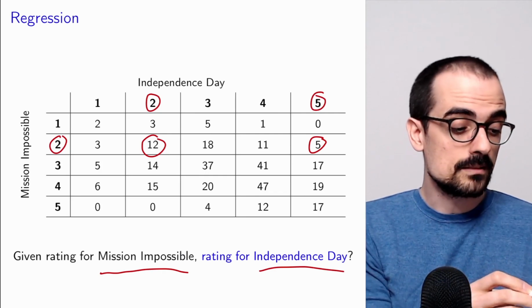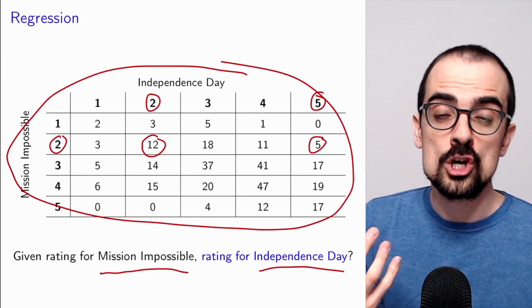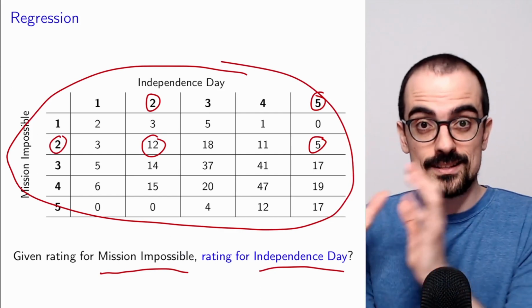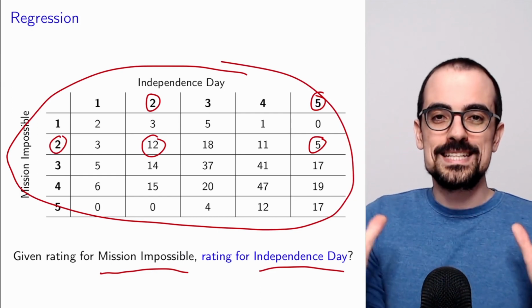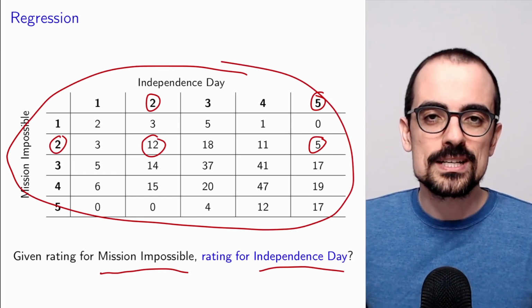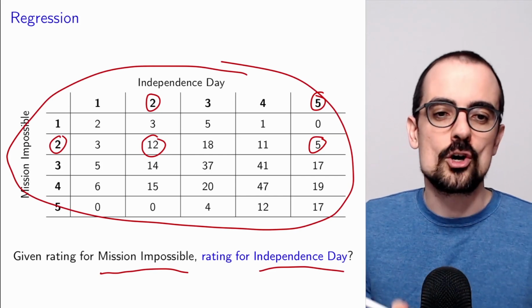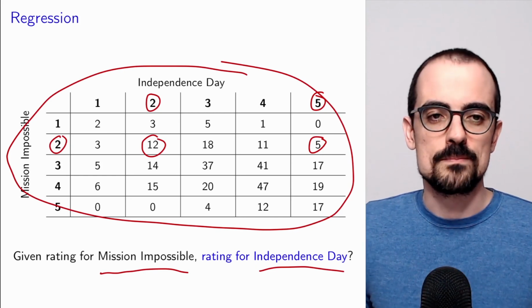From this data, we can characterize the joint distribution of the two random variables that represent both the quantity of interest and the observed quantity. And now the question is, from this joint distribution, how can we derive the best possible estimate of the rating for Independence Day given the rating for Mission Impossible?